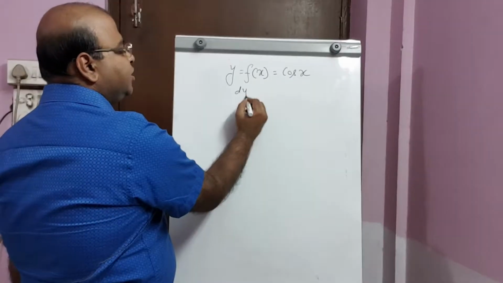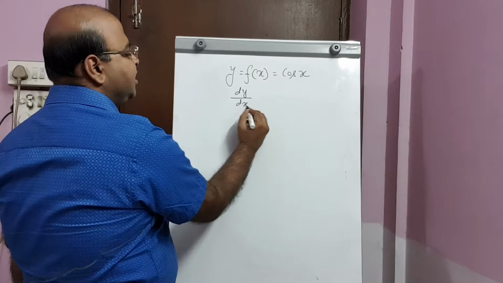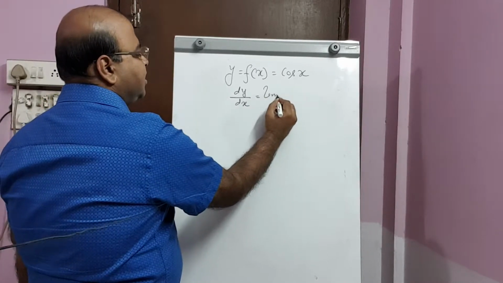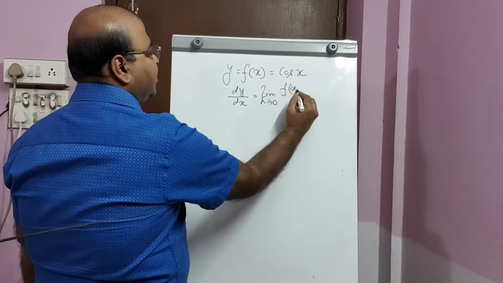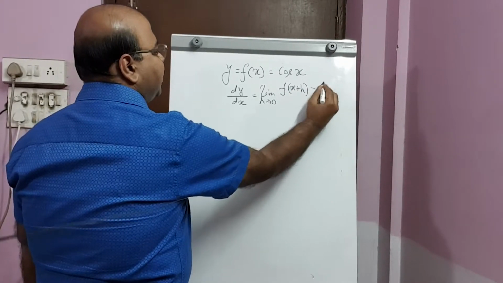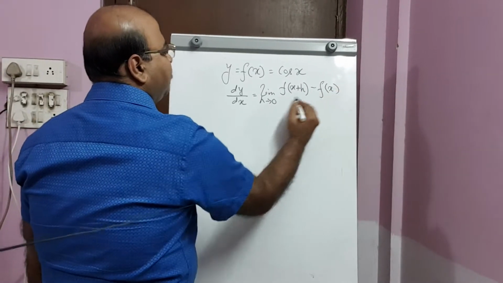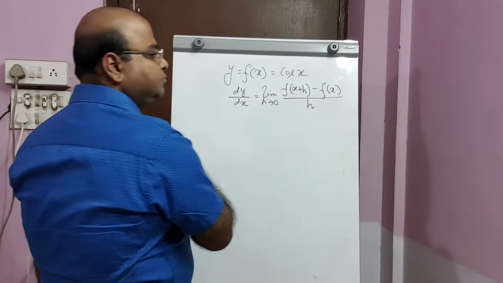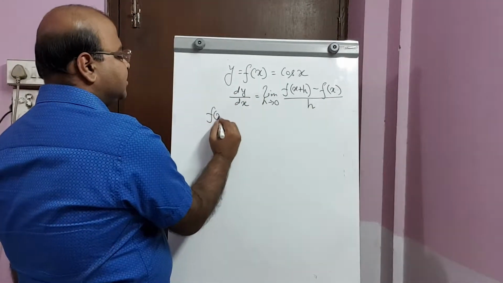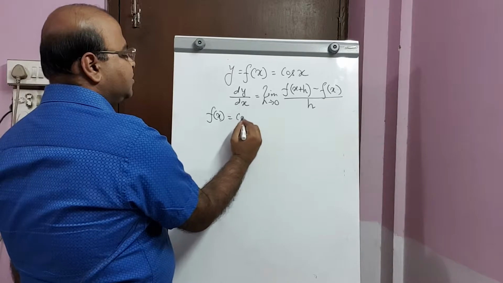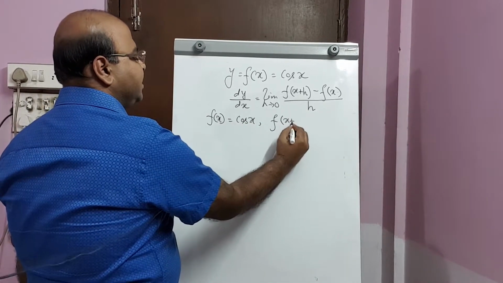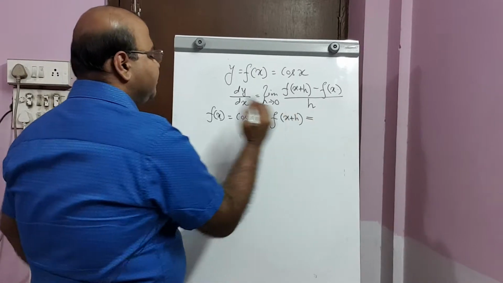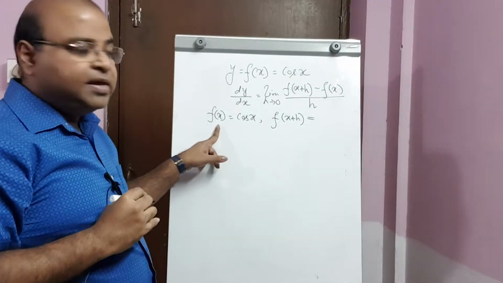So recalling the definition of derivative, we have dy/dx is given by limit h tending to 0 of f(x plus h) minus f(x) upon h. So here f(x) is given by cos x, hence for f(x plus h), we simply replace x by x plus h.